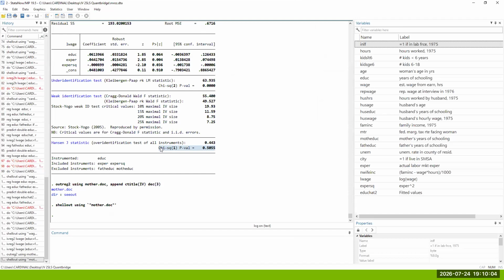So since it is not significant, you reject the alternative hypothesis and then go for your null hypothesis. And the null hypothesis is that the model is over-identified. And so this is correct if you combine both mother and father's education to influence a child's education as an instrument.